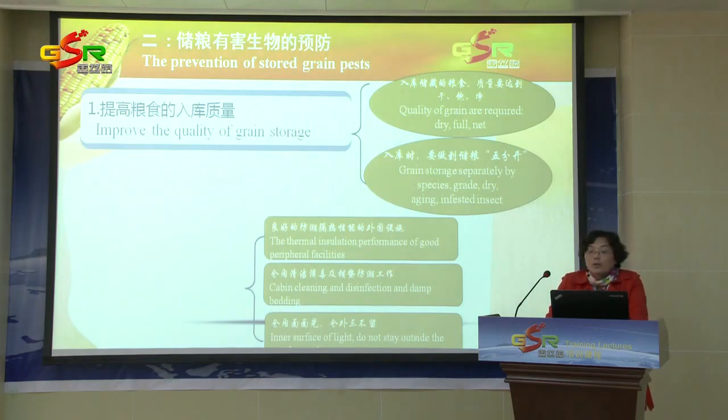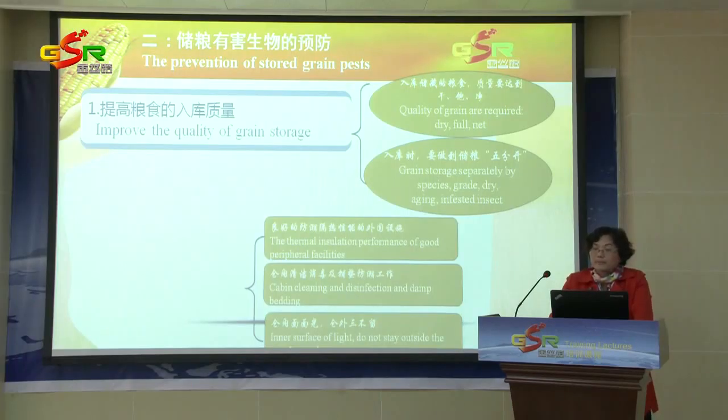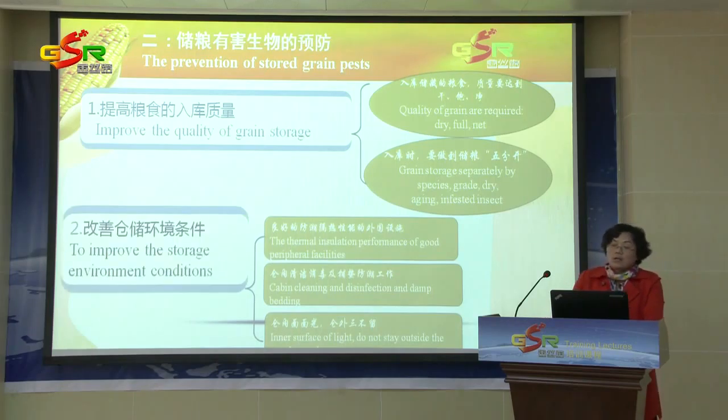At the same time, we must store grain separately by species, grade, dryness, moisture, and infected insects. That means separating by the species, the second is grade, the third is dryness and moisture, the fourth is grade, the fifth is infected insects. These are the important measures.